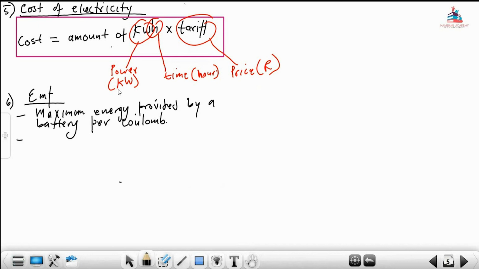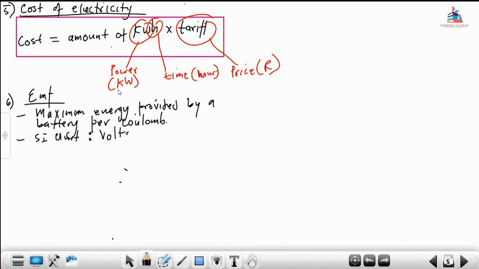So what is EMF? Basically, the SI unit is volts or voltage, which is now volts. Let's write it the right way.